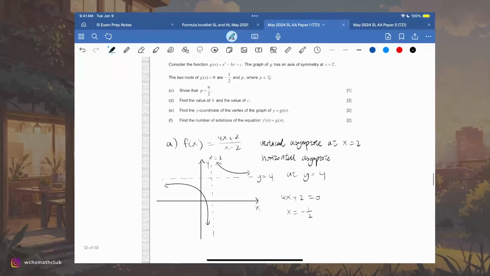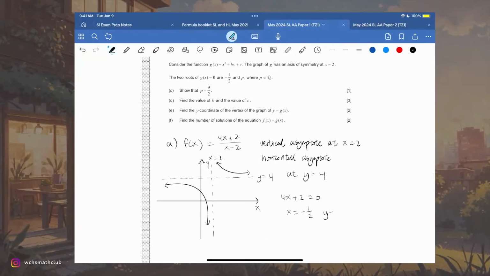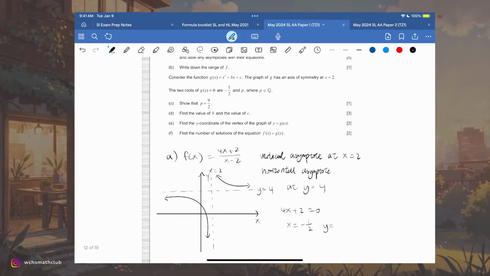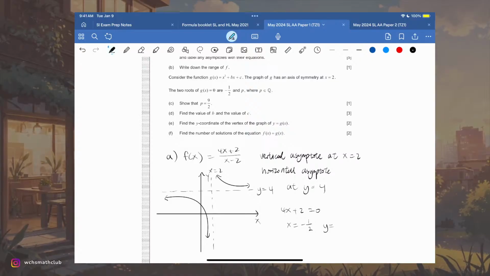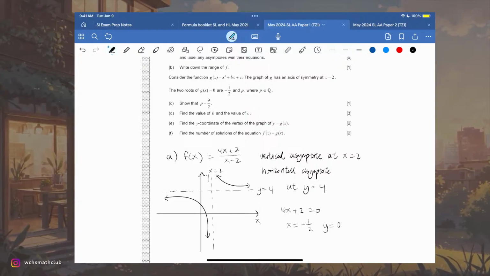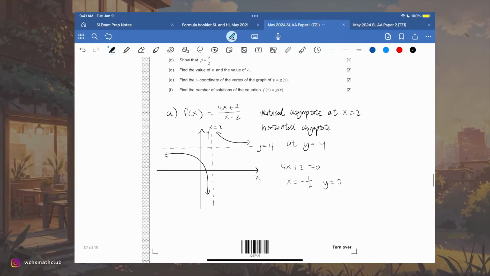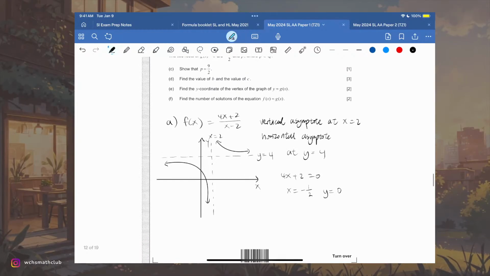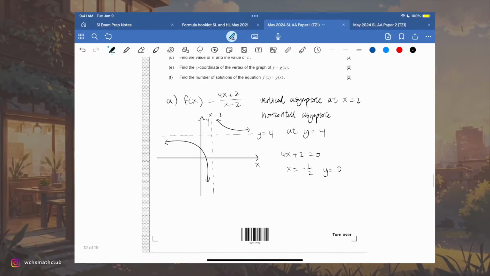And when x equals -1/2, if you plug it into the equation, the y value should be 0. And then for the y-intercept, we set x equals 0.